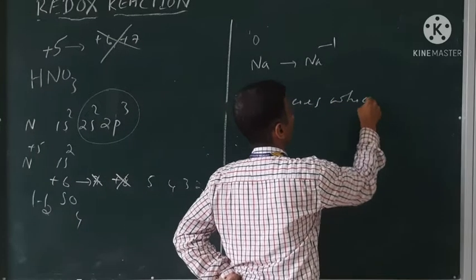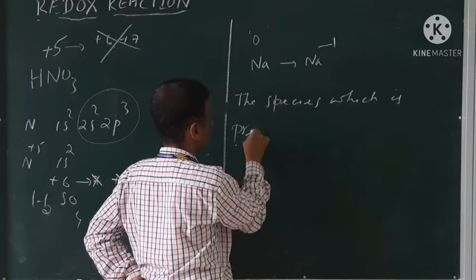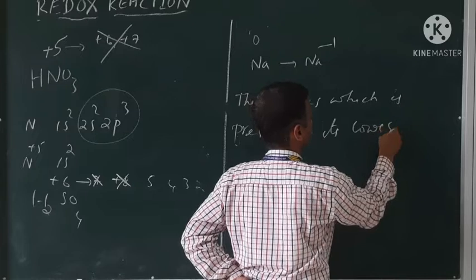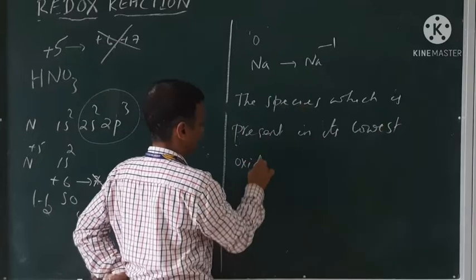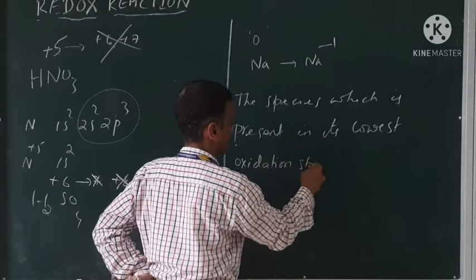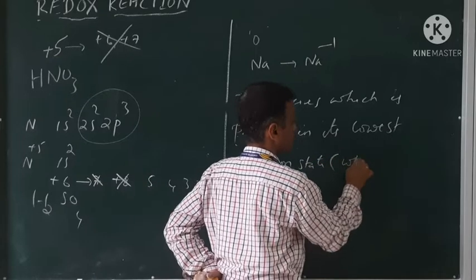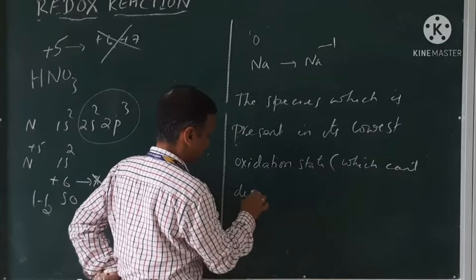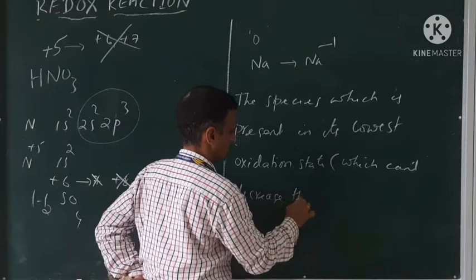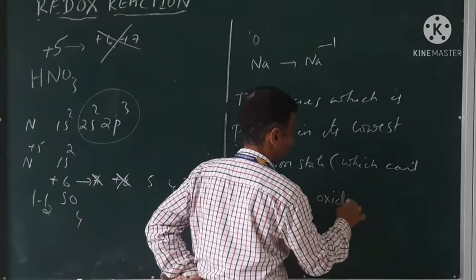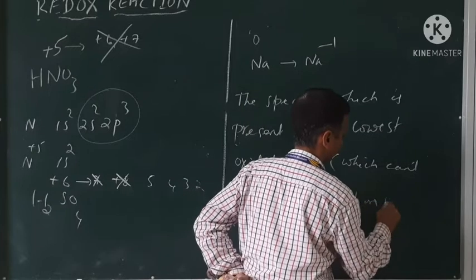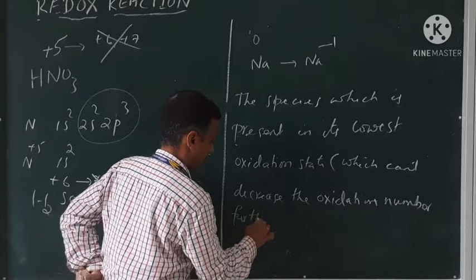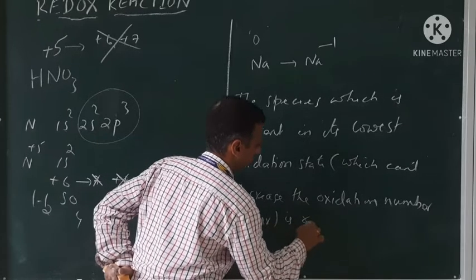The species which is present in its lowest oxidation state, that is, which cannot decrease the oxidation number further, is a reducing agent only.